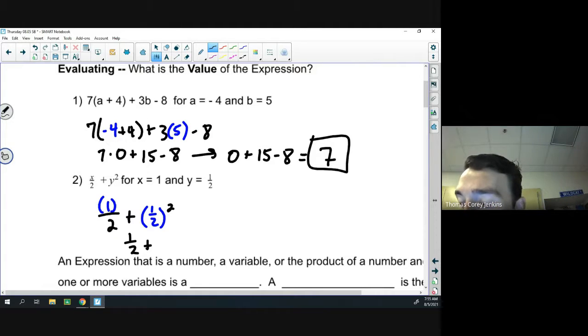So 1/4 or 0.25. And then this is where I wish I had my calculator that worked on the screen, but I don't. There is a function on your TI-84 that I'll need to show you, because if you punch in 1/2 plus 1/2 squared, it's going to give you a decimal, and if you need a fraction for like MyMathLab, well, hopefully you know 0.75 is equal to 3/4, but there is a function that changes a decimal into a fraction.